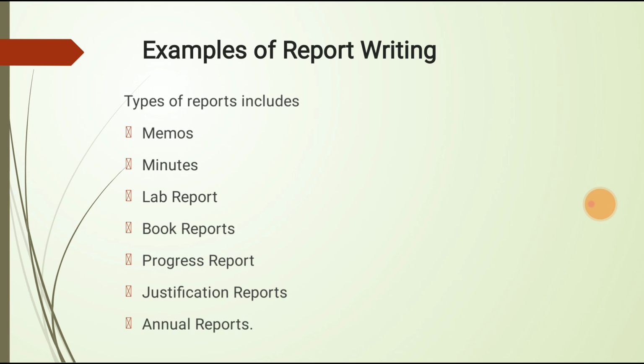All these are under report writing. Even annual reports that are presented in schools and colleges, they are also examples for report writing. It states the facts of what happened in the previous year so that you can have an idea about the organization or the company or college per se.